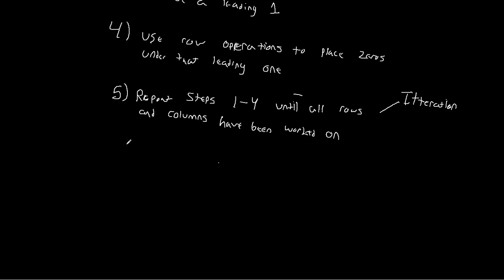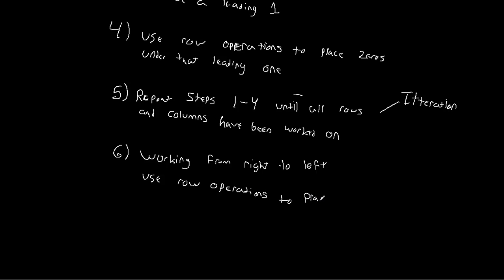And then finally, step 6, working from right to left, use row operations to place zeros above leading ones.